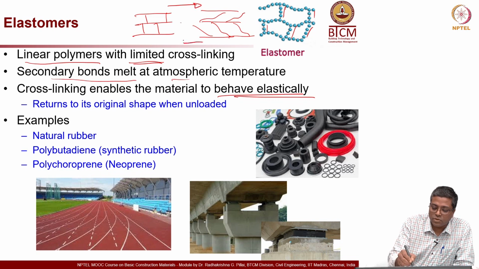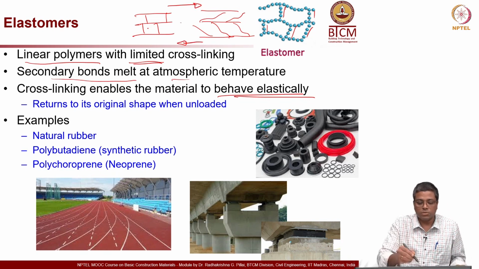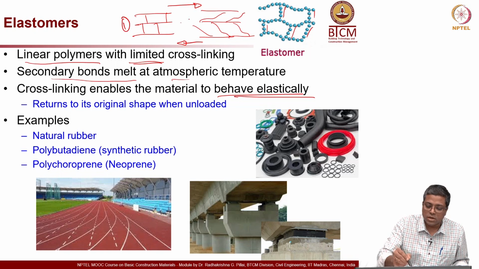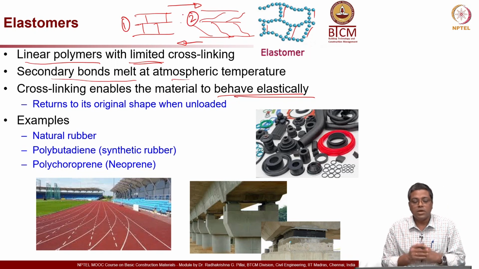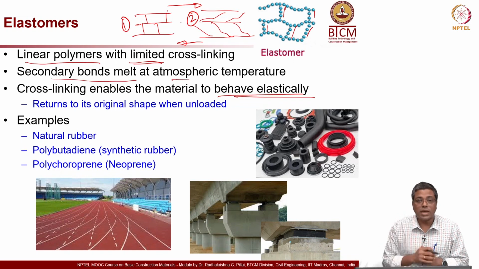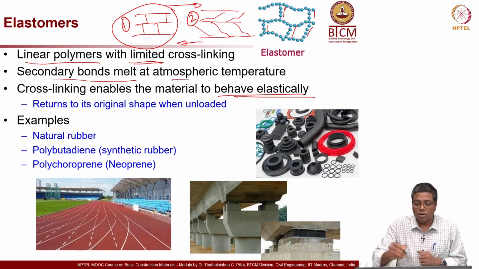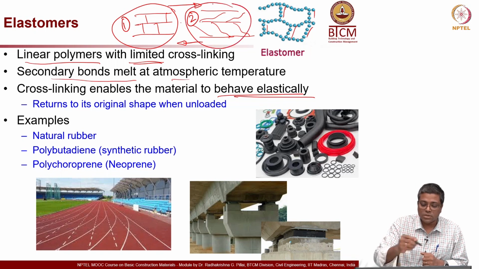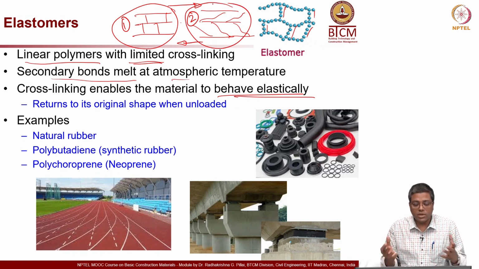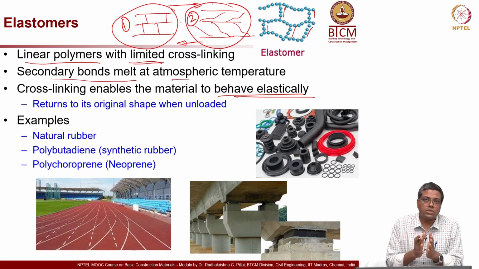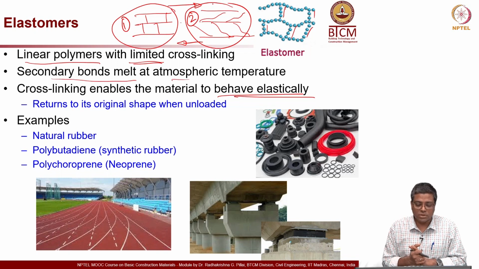When I release the force, it will come back to this original shape. So, if I call this the first and this the second case, before application of the load, the structure is like in 1, that is here. When you apply the load, the structure becomes something like this in 2, and then when you release the load, those cross chains will come back to the original shape, which is like in 1. So, you have an elastic behavior.